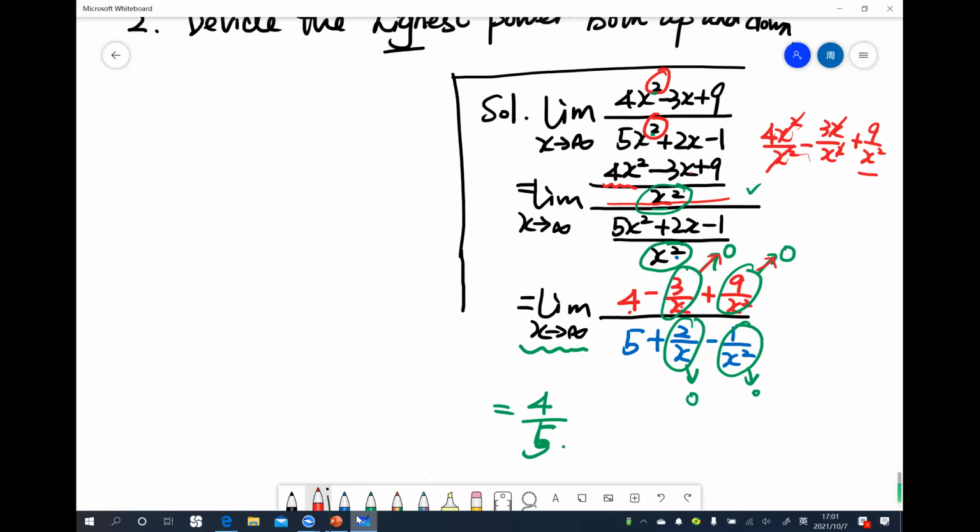Okay, infinity. As x approaches infinity, we have this result.